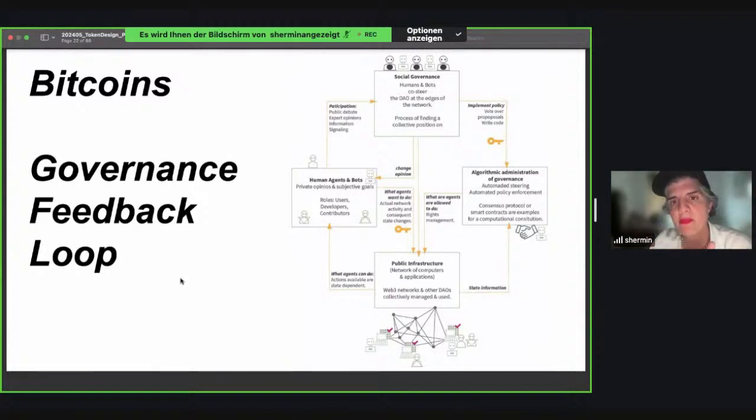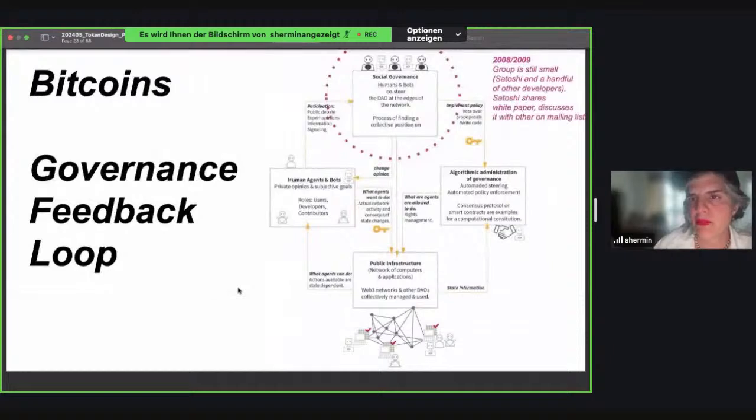So if you remember, we have this governance feedback loop. We can take this governance feedback loop of decentralized networks or DAOs and use it to analyze also how Bitcoin evolved over time.